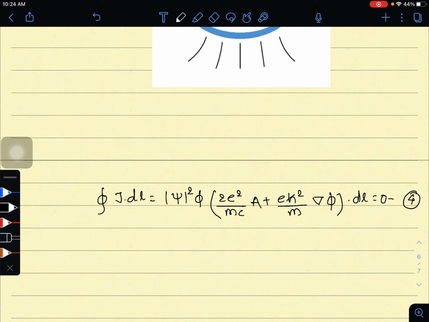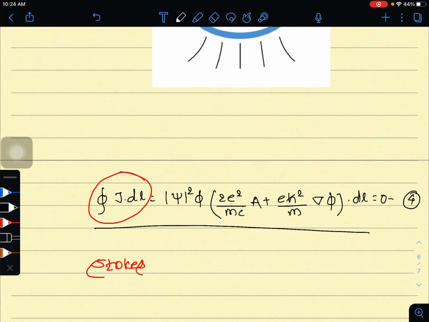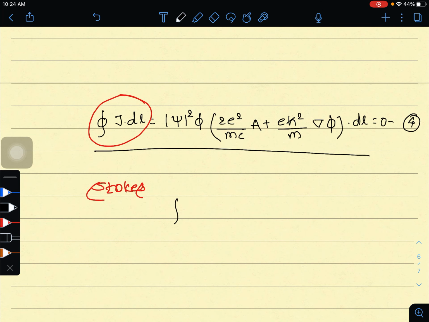Now when we see these equations, we can easily change them with the help of Stokes theorem. What happens in Stokes theorem? The integration of A dot dl is nothing but the integration of the curl of A dot ds.